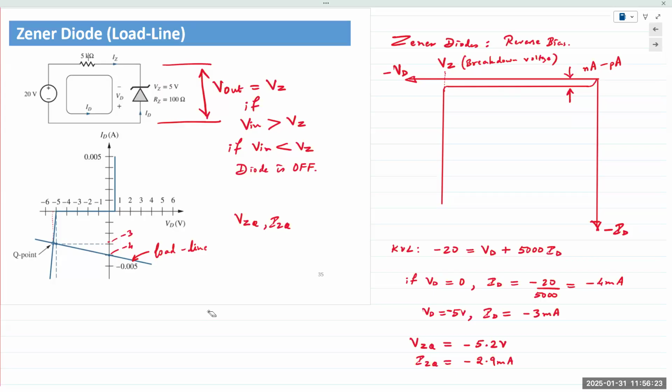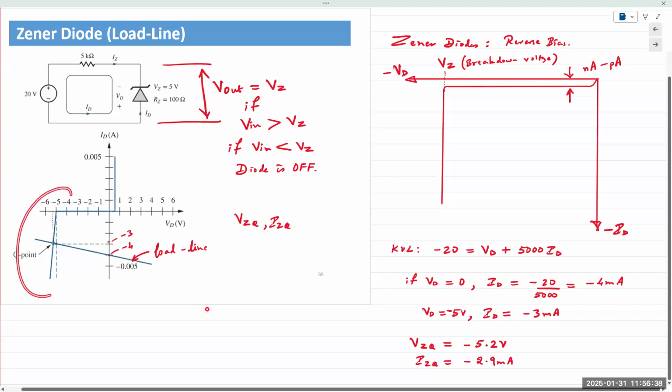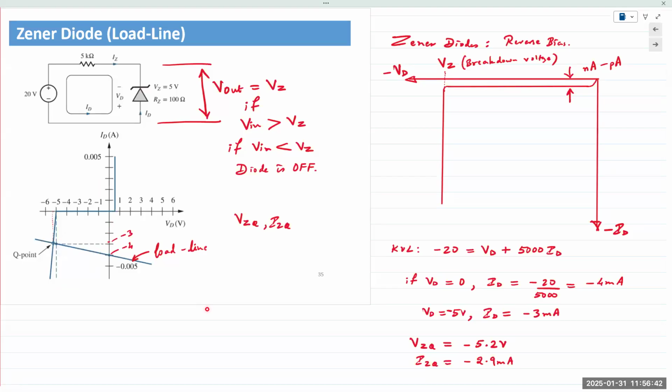The Zener diode operates in the breakdown region. If the Zener diode is forward biased, it works like a normal diode. It's only in the reverse bias that we're interested in. In the reverse bias, it breaks down because it is very heavily doped.